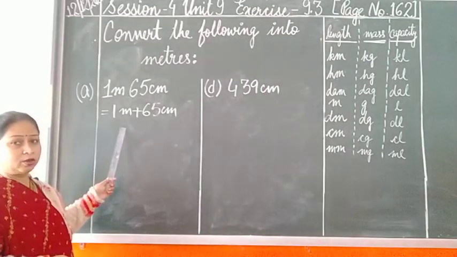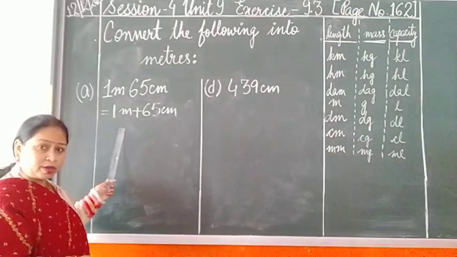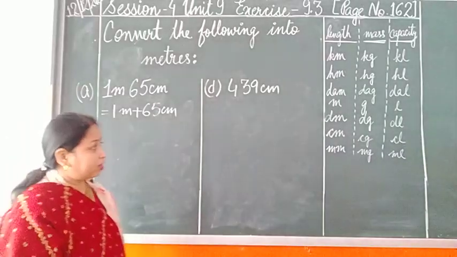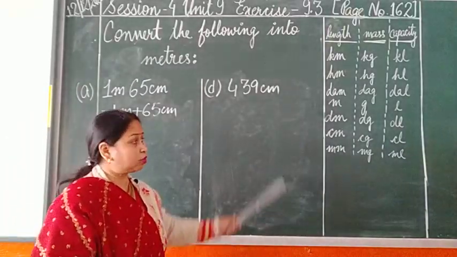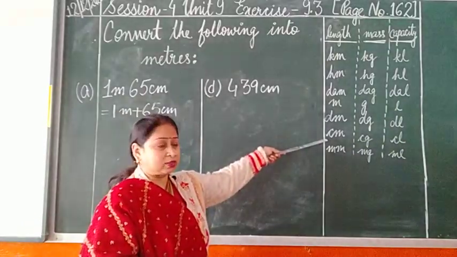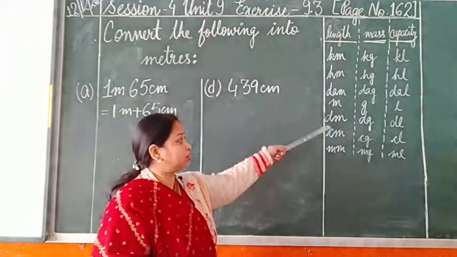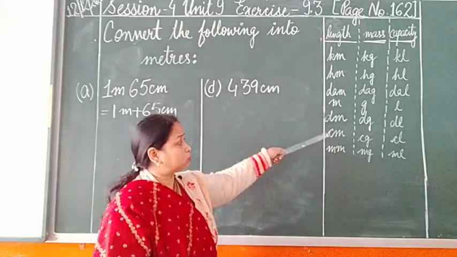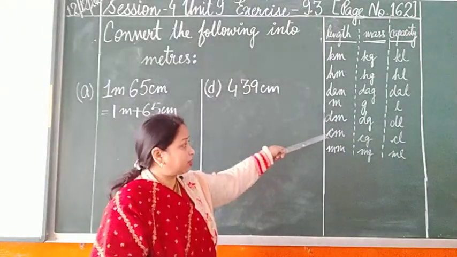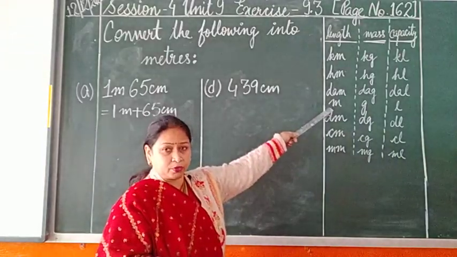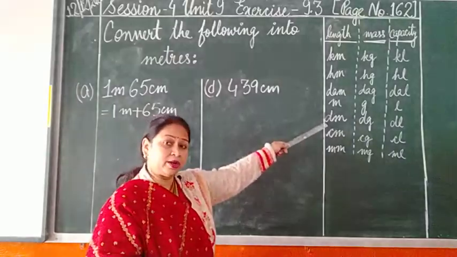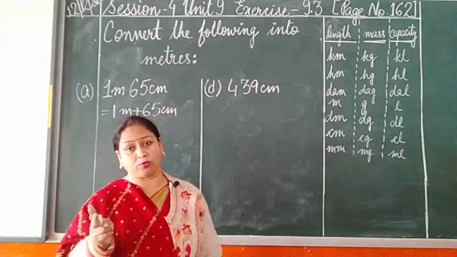So, 1 meter no need to change, because this is already given in meter. 65 centimeter you have to change. Now, let us see how the relation is there between centimeter and meter. Here is centimeter, as you can see, milli, then centi, then deci, then meter. So, our travel journey will be from centimeter to meter. So, how many steps we are moving up? Centimeter, then decimeter, 2 steps we are moving up.